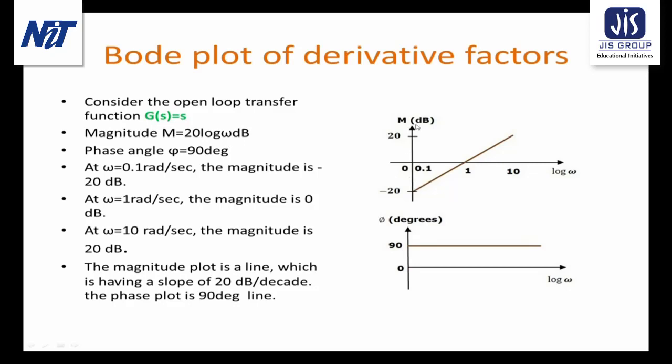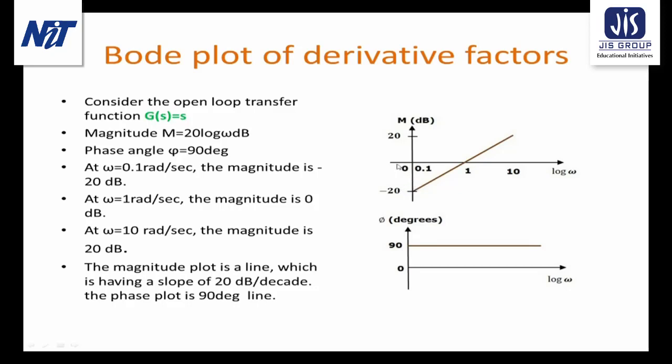So if we consider that the omega is varying from here, so here its value is 0.1, then per decade, that is 1, 10, 100 like this. So at 0.1, the magnitude is minus 20 dB.